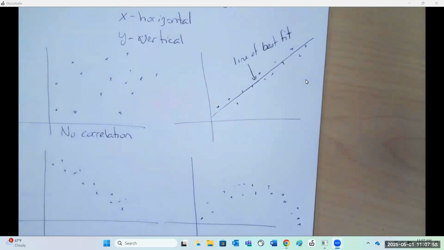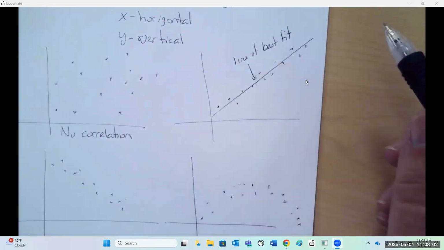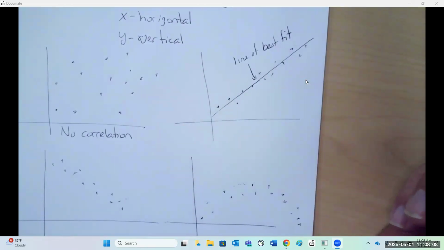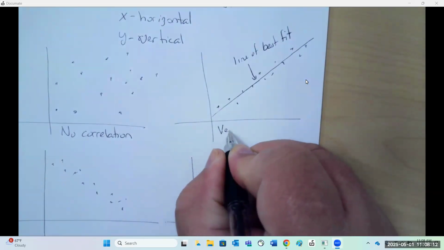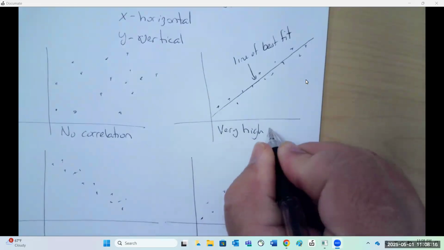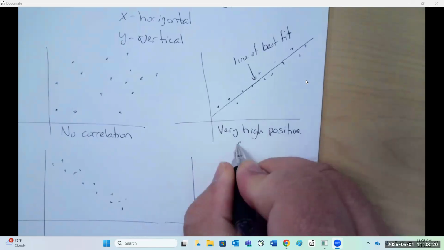But as you can see, the closer the data is along that best fit line, that means we have a high correlation. We say here we have a very high positive correlation.